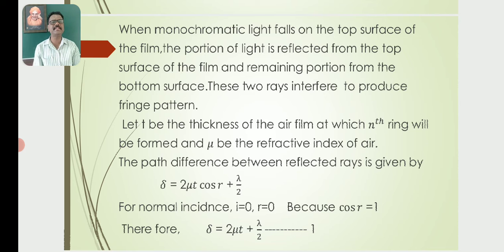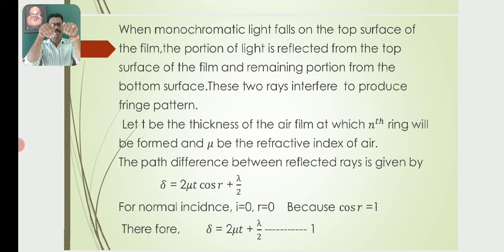Let t be the thickness of the air film at which the nth ring will be formed, and mu be the refractive index of air. The path difference between reflected rays is given by, as we discussed in the previous class, in the case of the reflected method, the condition for a bright fringe: delta equals 2 mu t cos r plus lambda by 2.